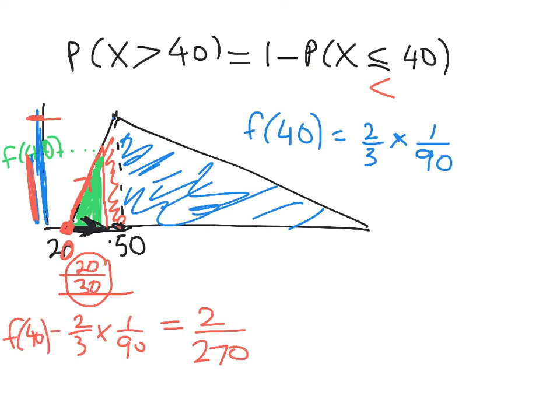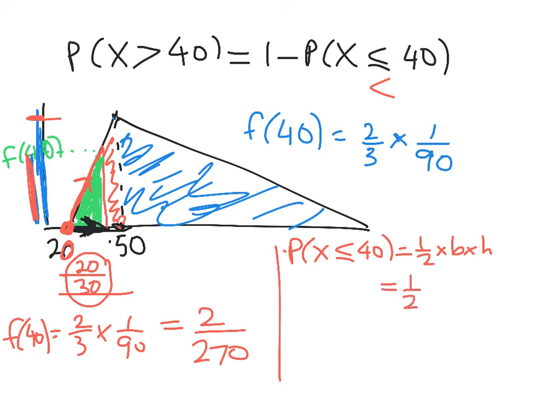Now, if you work through that big ugly formula, you'll get to exactly the same point, right? But you just have to watch your a, b, and your c, and your x. And so I would far rather do it this way. So f of 40 is 2 over 270. So the probability that x is less than or equal to 40 is equal to half times the base times the height, which is going to be a half times 20, right?